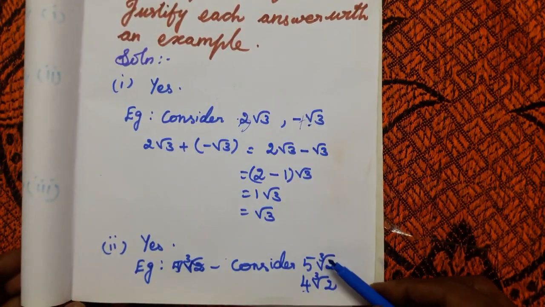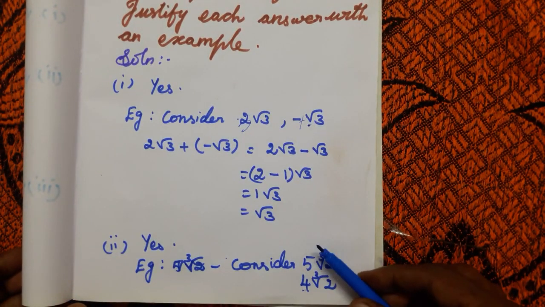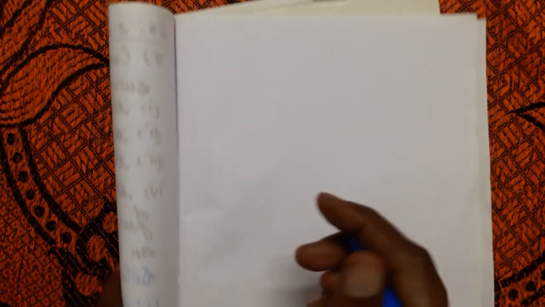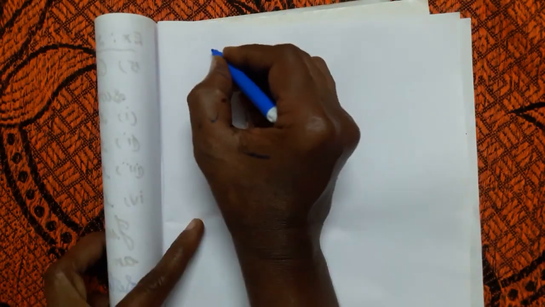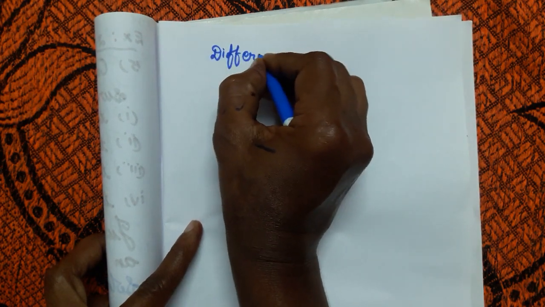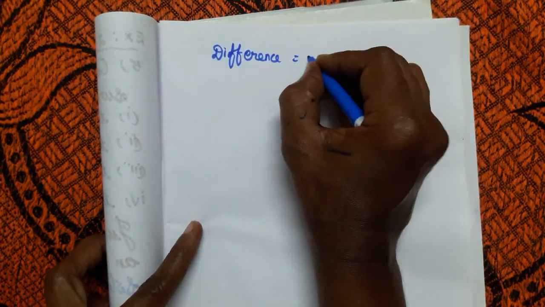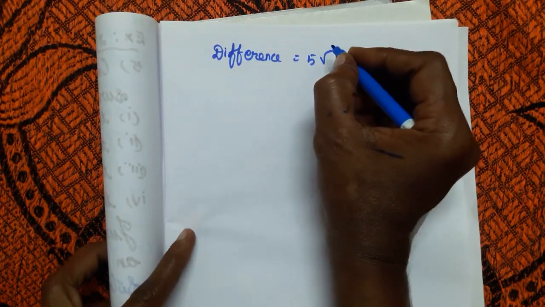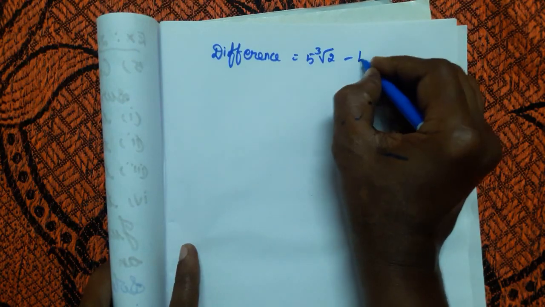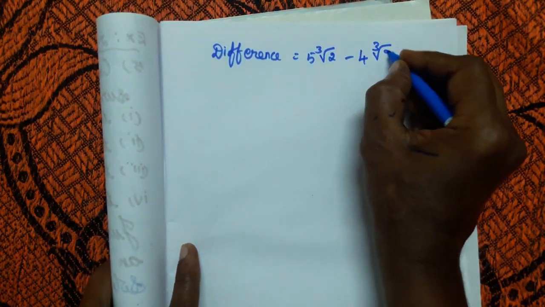Here both have the same sign, plus plus: 5 cube root of 2, 4 cube root of 2. We have to find out the difference. Difference is equal to 5 cube root of 2 minus 4 cube root of 2.